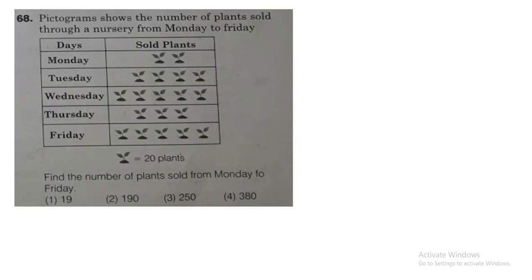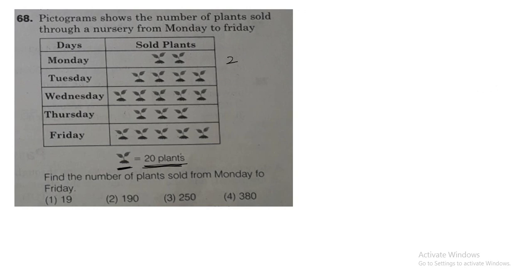Next, question number 68. A pictogram shows the number of plants sold through a nursery from Monday to Friday. Find the number of plants sold from Monday to Friday. Each figure represents 20 plants. How to find it? Count the number of plants shown in the figure.